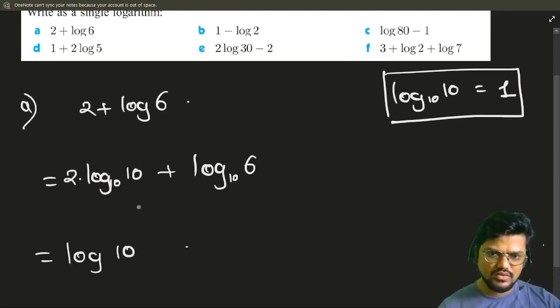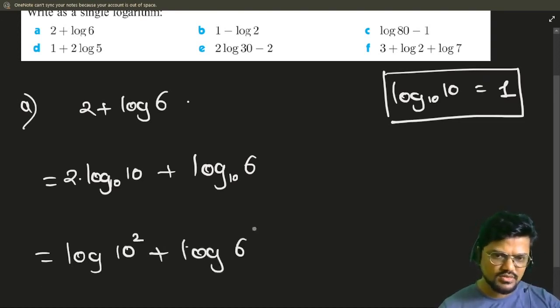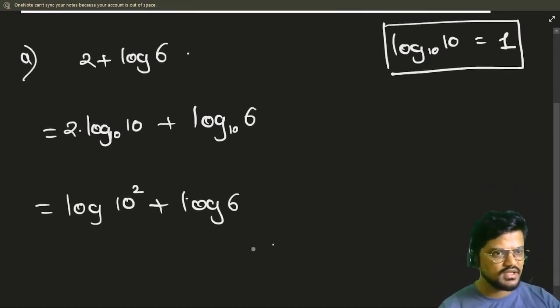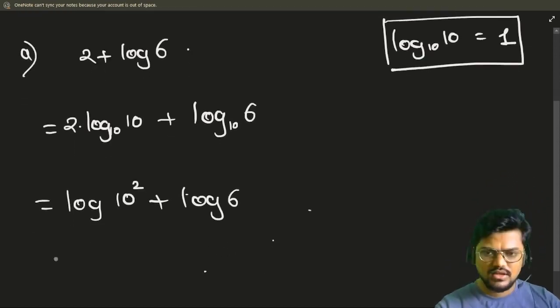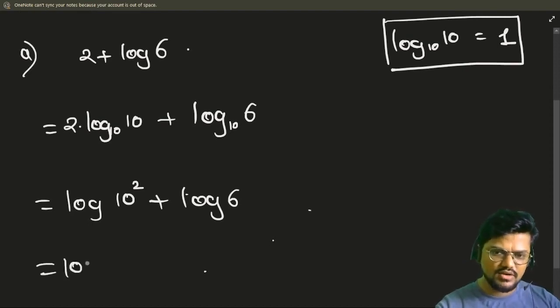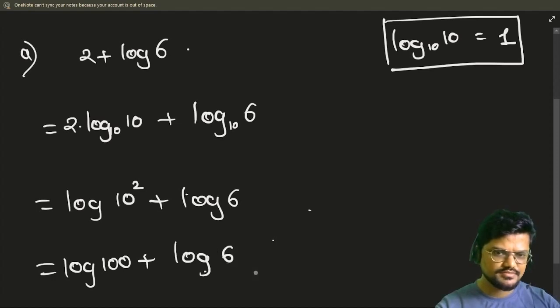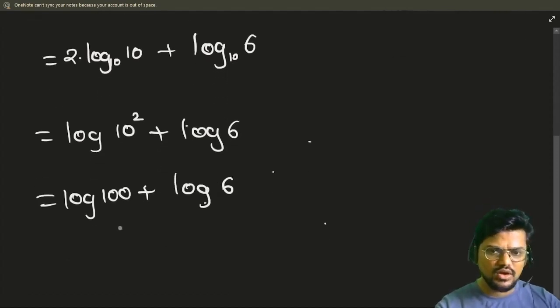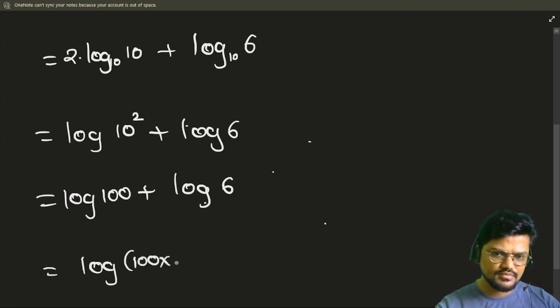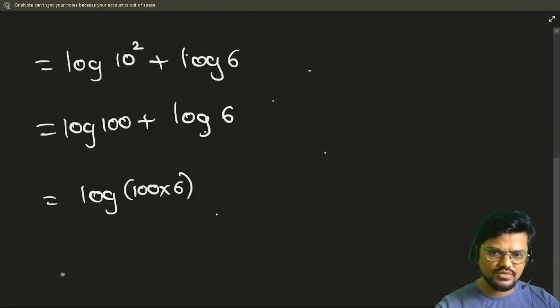Log 10 power 2 plus log 6, nothing in power. Log 6, the base 10 is there. Even if you don't write, that's fine. Now this can be written as log 10 to the power 2, which means log 100 plus log 6. Now log a plus log b is log of a into b, which gives you log of 600.